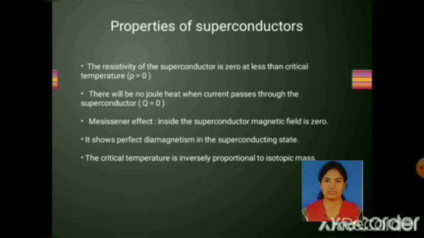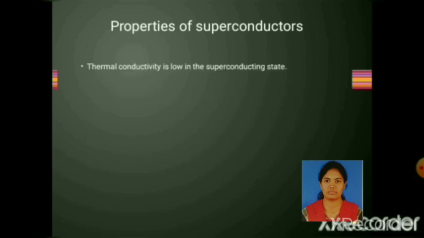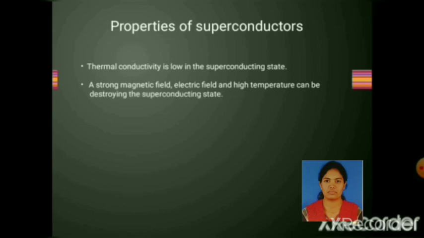Next property of superconductor is it shows perfect diamagnetism in the superconducting state. The critical temperature is inversely proportional to the isotopic mass of the material. Next, thermal conductivity is low in the superconducting state. A strong magnetic field, electric field and high temperature can destroy the superconducting state.